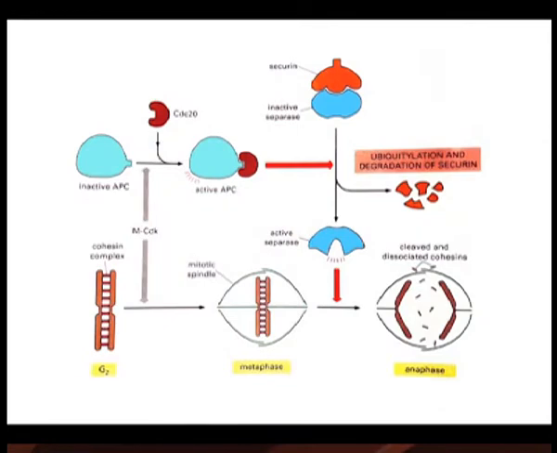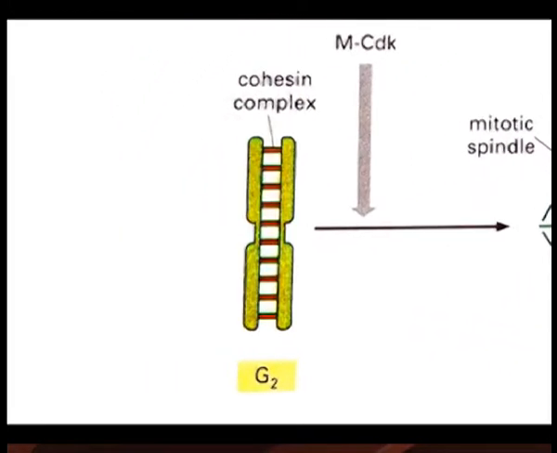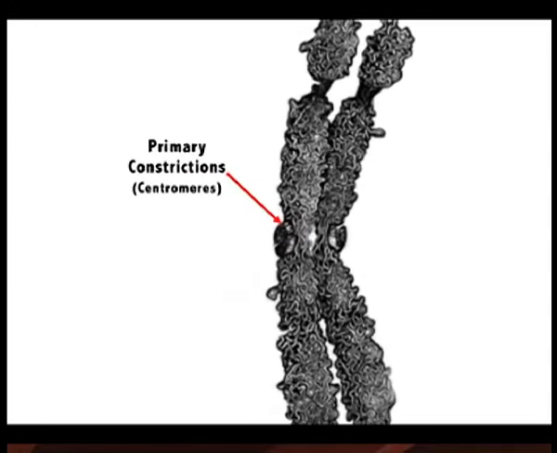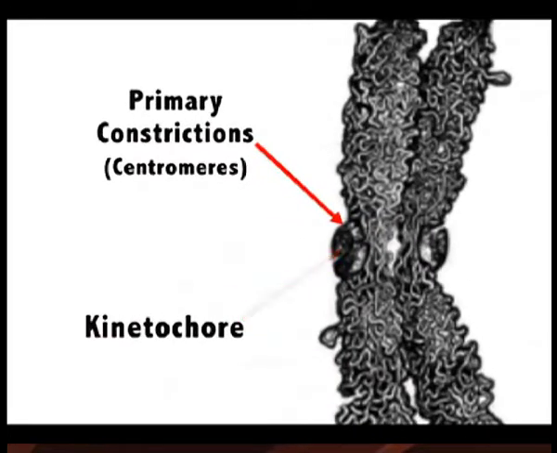The sister chromatids are glued together by multi-subunit protein complexes. We call them cohesins, and these are deposited along the length of each sister chromatid. Primary constrictions or centromeres become visible during this particular phase, and kinetochores are complexes of proteins that assemble onto the highly condensed DNA at a centromere.